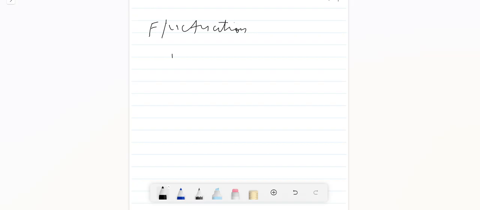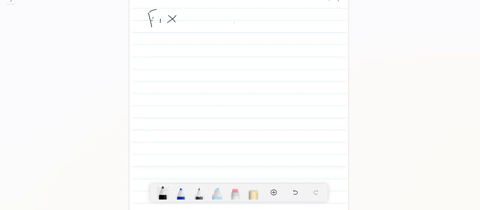First is the fluctuating method. Or we can just start with the fixed capital method, where there are two accounts, right?